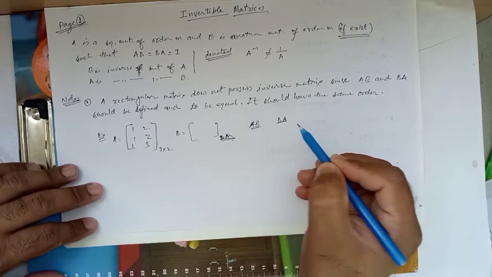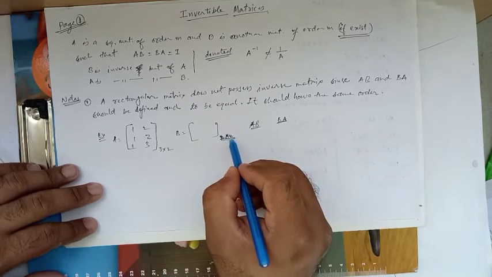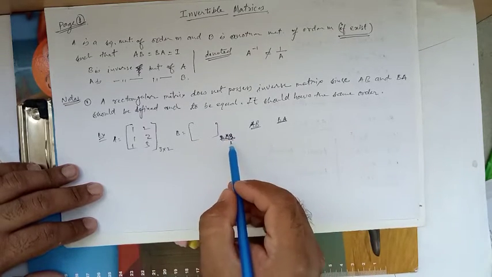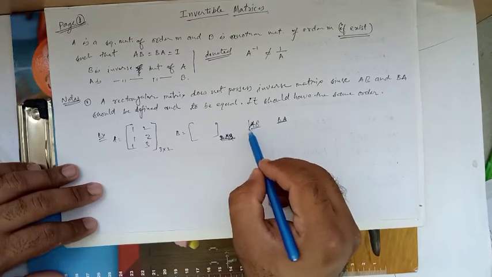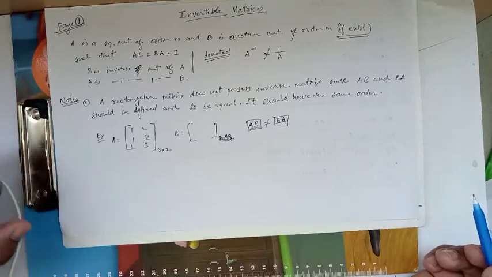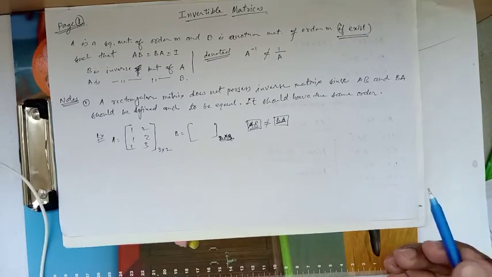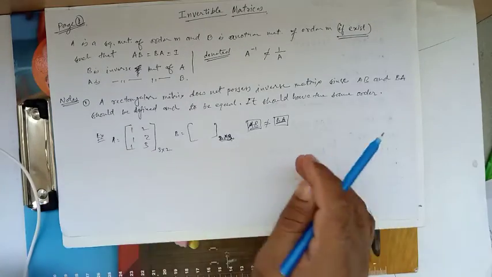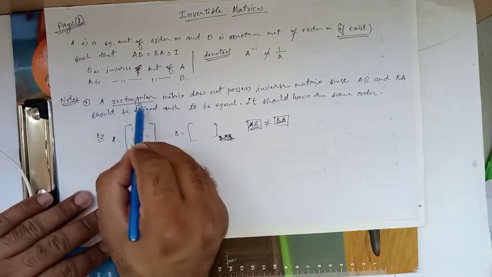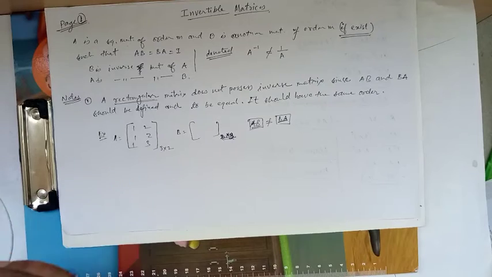If you find BA, then it has to be 3, but at the same time whatever you are getting is not equal to that. That's why it is not defined. Only a square matrix has an inverse, but a rectangular matrix does not possess any inverse matrix.